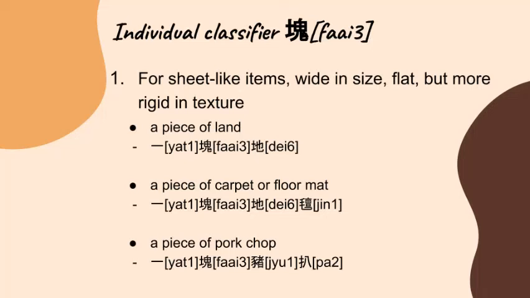For example, a piece of land, 一塊地. A piece of carpet or floor mat, 一塊地氈. A piece of pork chop, 一塊豬扒. A slice of bread, 一塊麵包.